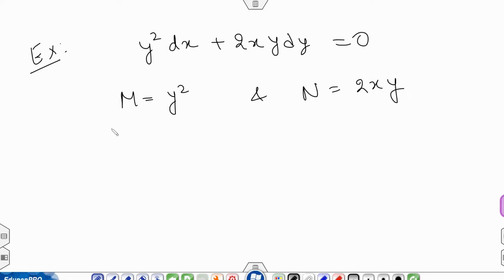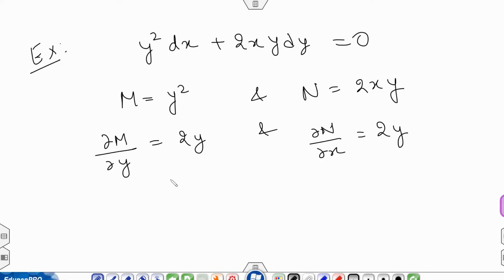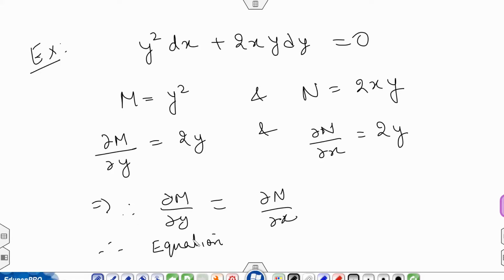For exactness, what is our necessary and sufficient condition? Del M by del y is equal to 2y, and del N by del x is again 2y. So del M by del y is equal to del N by del x, and therefore the equation is an exact differential equation.